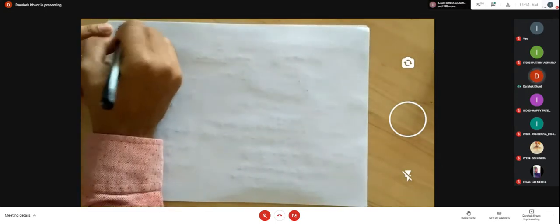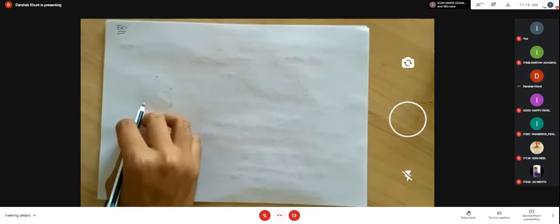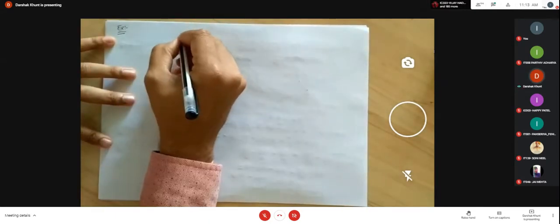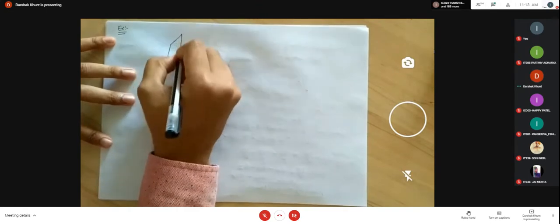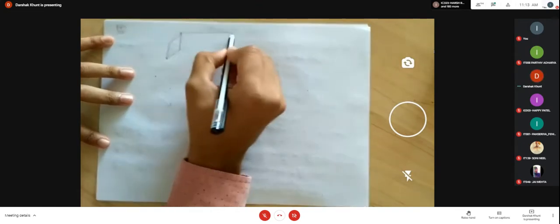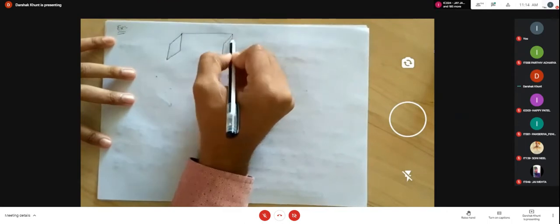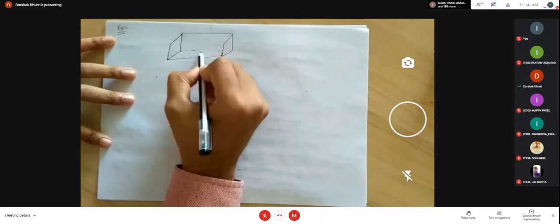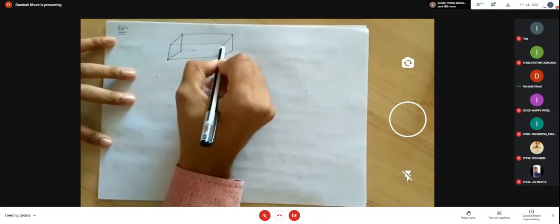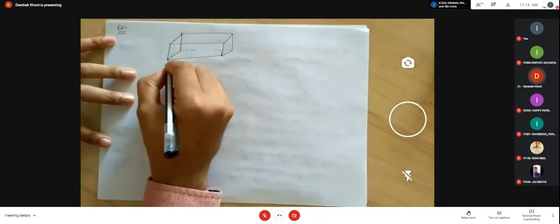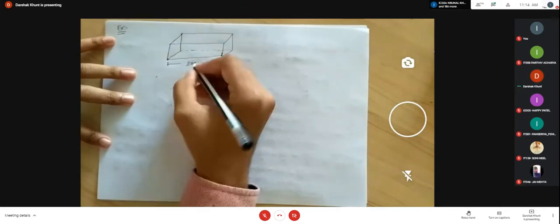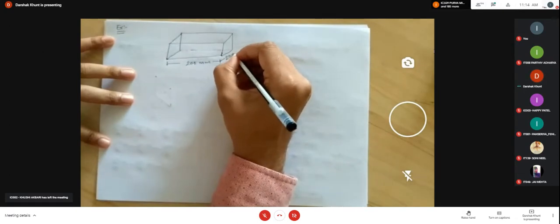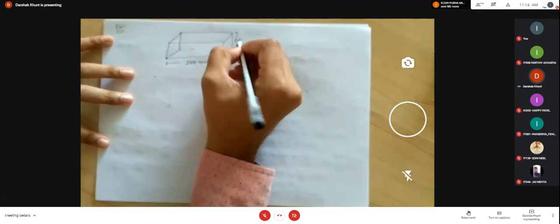So let's consider one example. Okay, we have considered one steel section like this one. The length is 200 mm, the width is 20, and the depth is also 20.